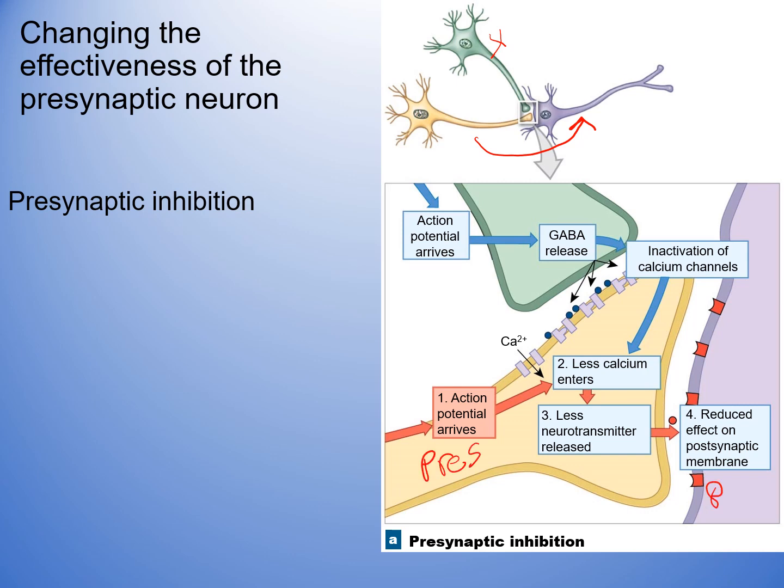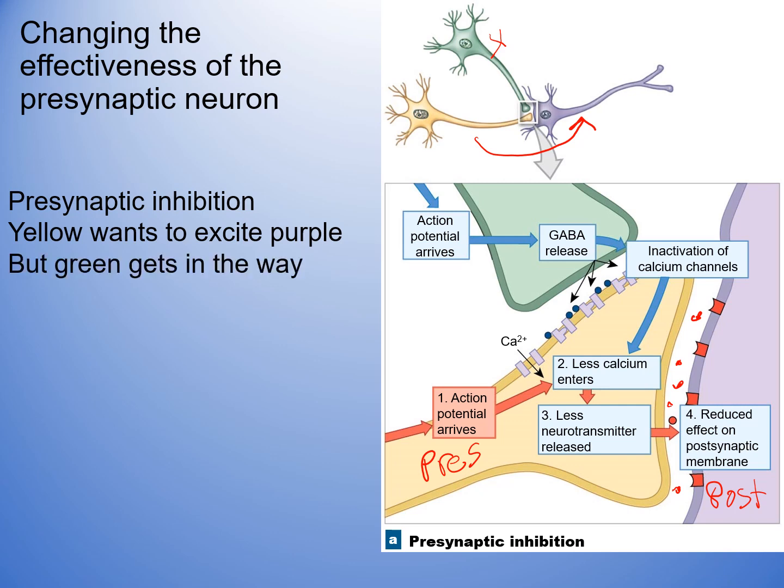The purple is our postsynaptic neuron. And the yellow wants to spew out all of its neurotransmitters into the synapse so it can excite the postsynaptic neuron. But what's happening is that the green is releasing its own neurotransmitter that then inactivates the calcium channels.